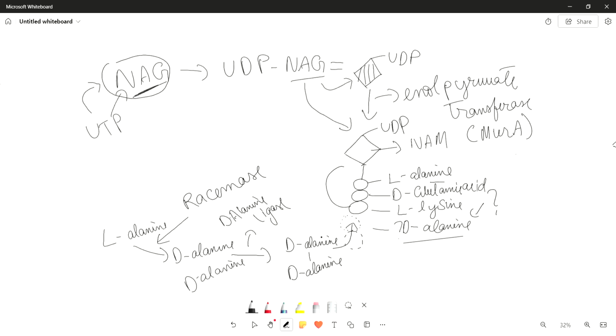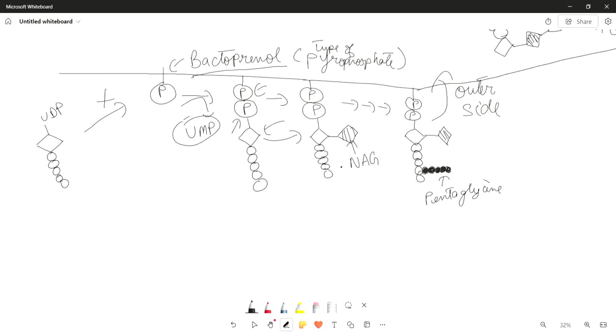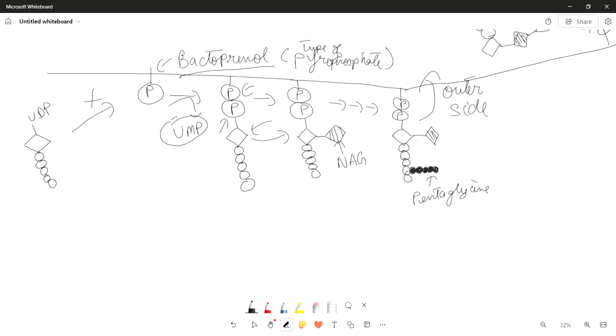Then what happens? This process, which started in the cytoplasm, now this complex will move towards the plasma membrane. On the plasma membrane, there is an enzyme called bactoprenol. The bactoprenol is a type of pyrophosphate, which means it has a lot of phosphate.